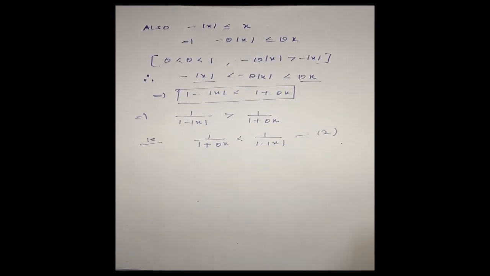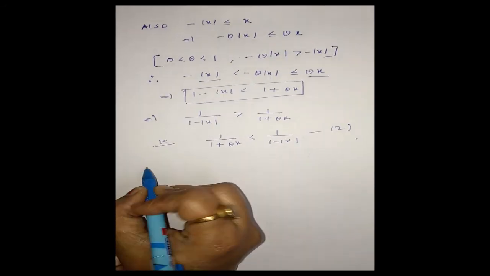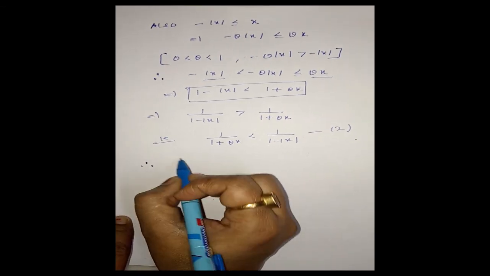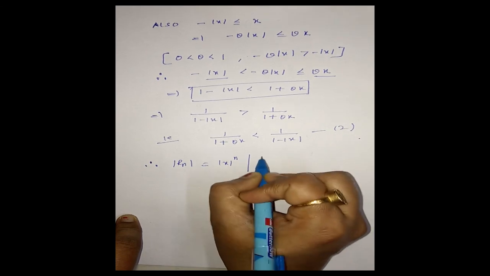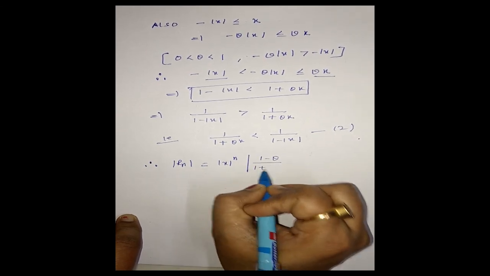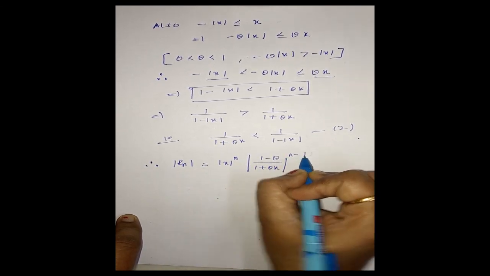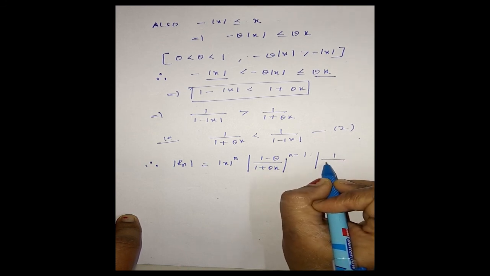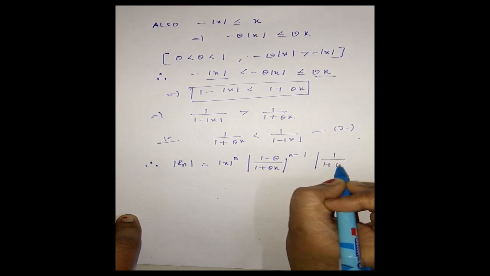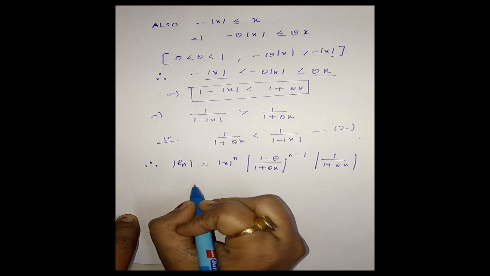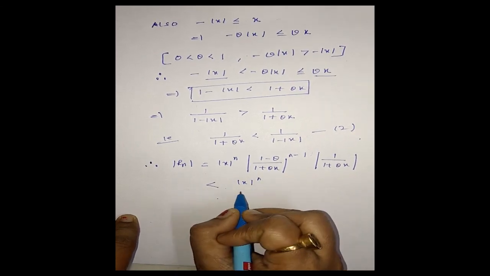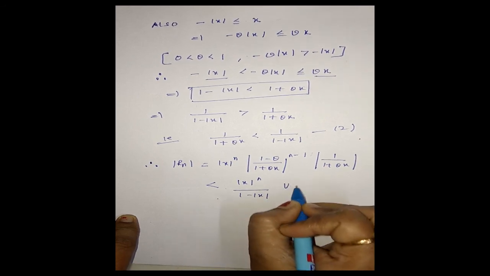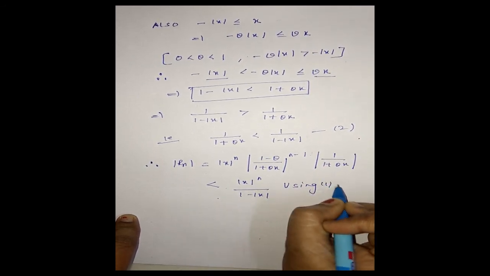Now therefore mod Rn is equal to mod x^n times ((1 minus theta) by (1 plus theta x)) power n minus 1, times mod of 1 upon 1 plus theta x. Okay, and this is less than mod x power n upon 1 minus mod x, using equation numbers 1 and 2.